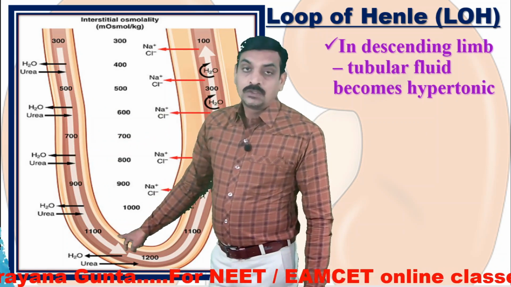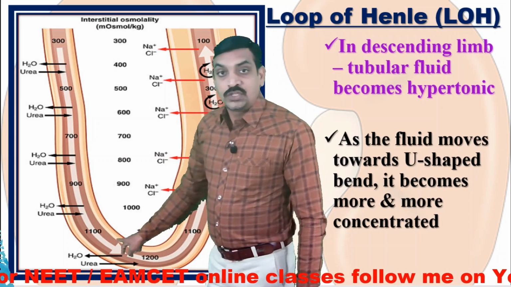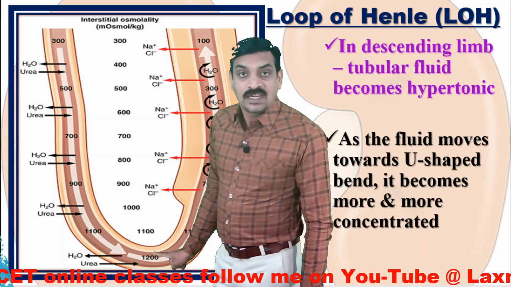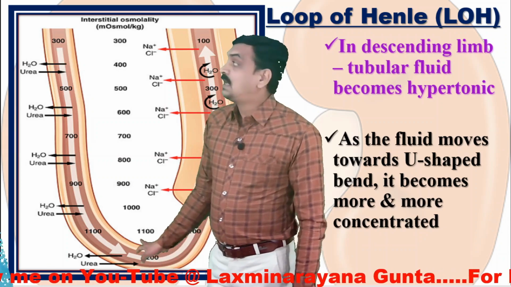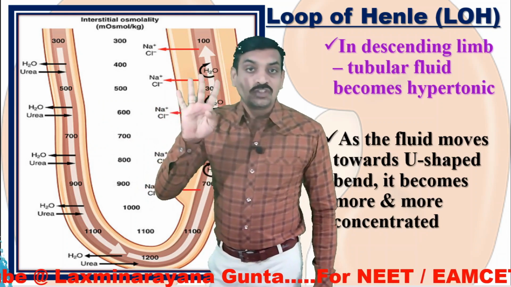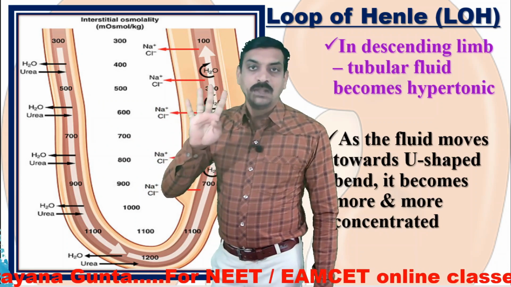And when the tubular fluid reaches the U-shaped bend, it reaches 1200 milliosmoles. The osmolarity is increased almost 4 times the osmolarity of the blood plasma.